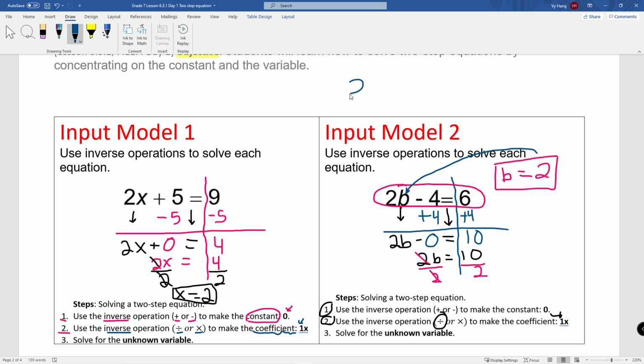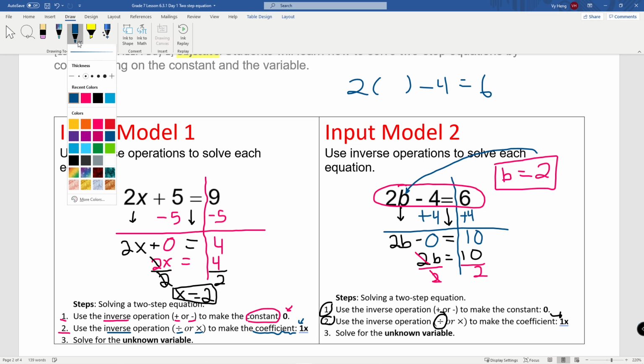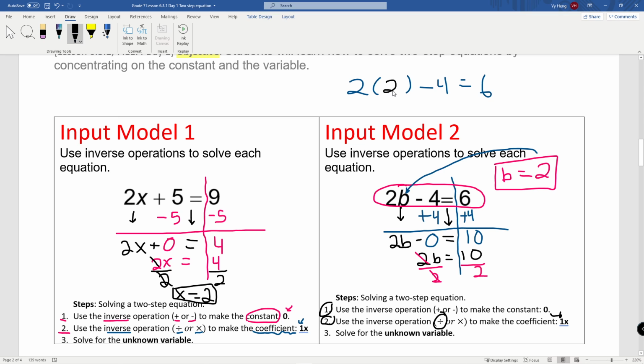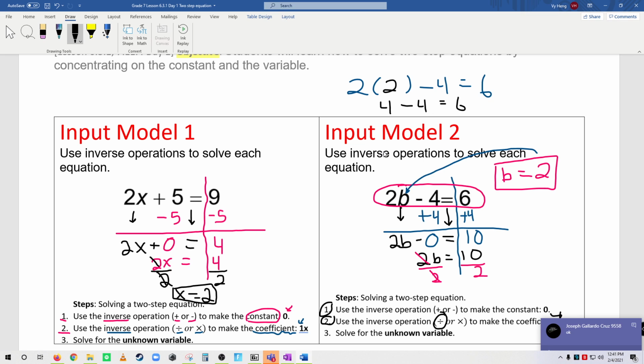So we're going to write 2 times something, which is the 2 right here, and then minus 4 equals 6, right? So what goes in there is the 2, which replaces the b. So 2 times 2 is 4. Bring down the negative 4 equals 6. Oh, and I did something wrong. So 4 minus 4 is not 6. It's going to be 0 equals 6. See, I did something wrong.